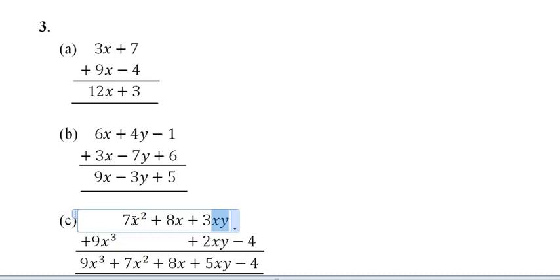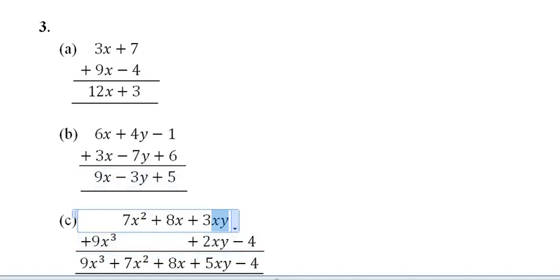That is, it can be x cube, x square, and simply x. But in this question, we have x to the power 2, that is x square, and we have x, and then the combination of two different variables. So this is called a polynomial.